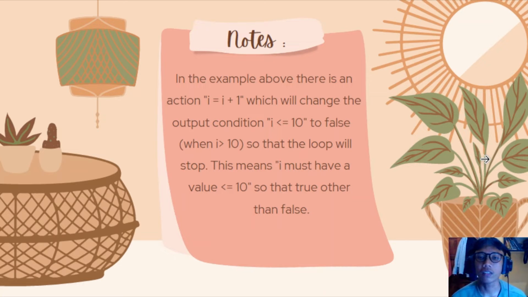So if I is more than 10, the condition has a false value, so the loop will not execute any more actions. This means I must have a value less or equal to 10 so that the condition is true. Other than I less or equal to 10, these are false values.